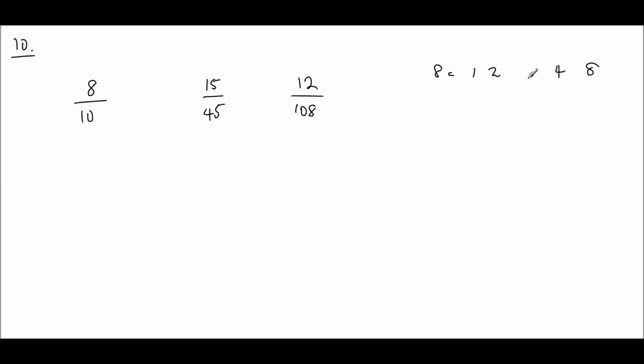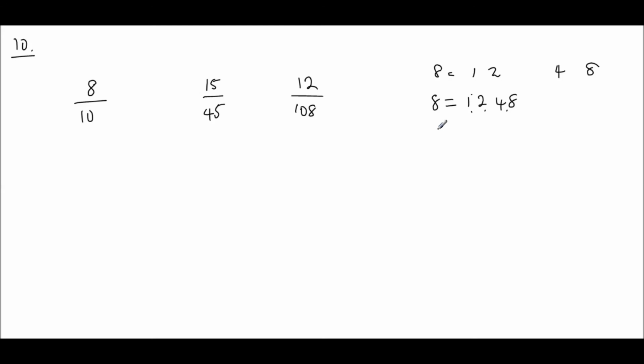Is it going to leave a remainder? Yes, so we couldn't use it. So the factors of 8 are 1, 2, 4, and 8. So those are the factors of 8. Okay.